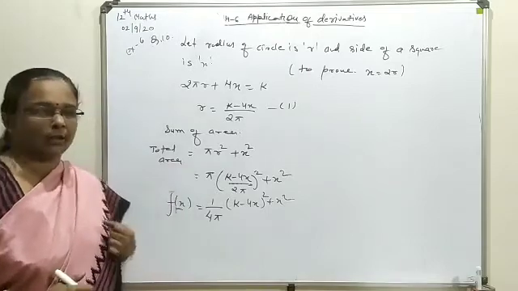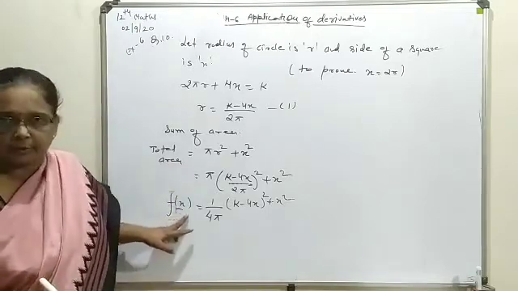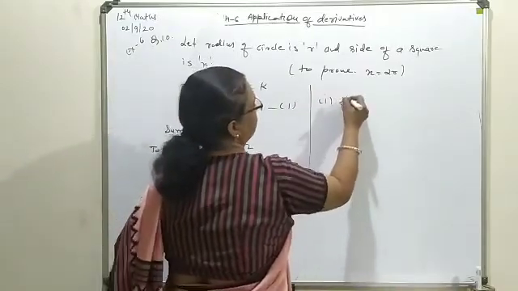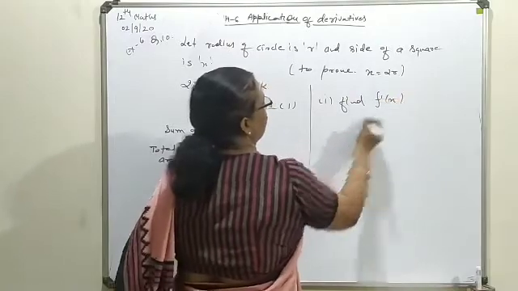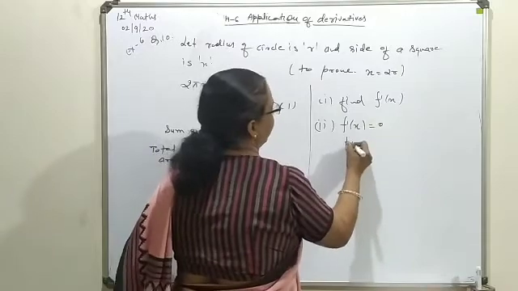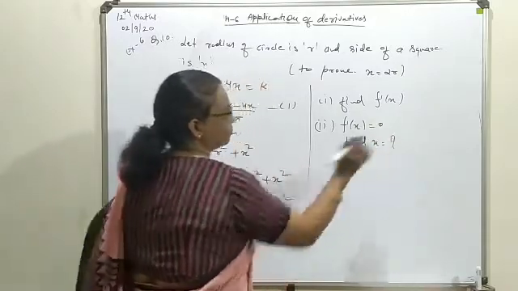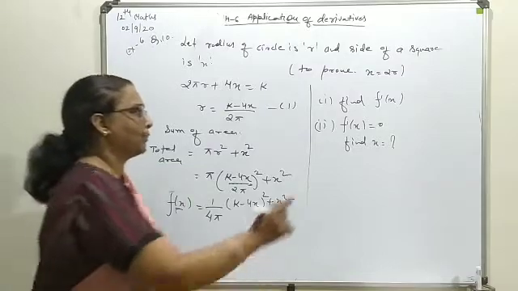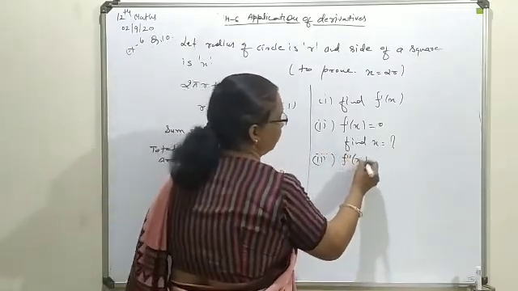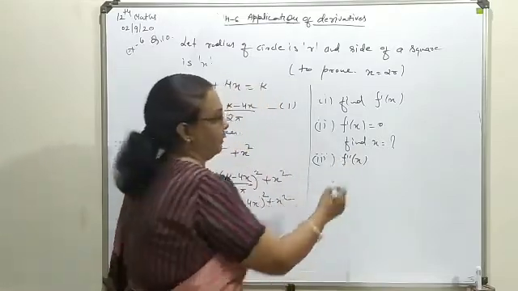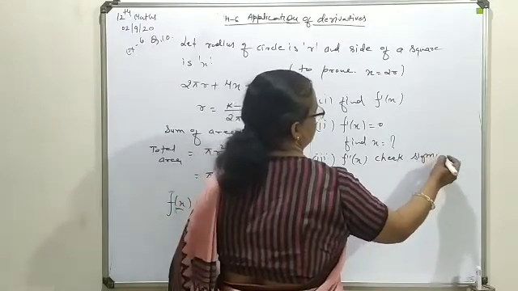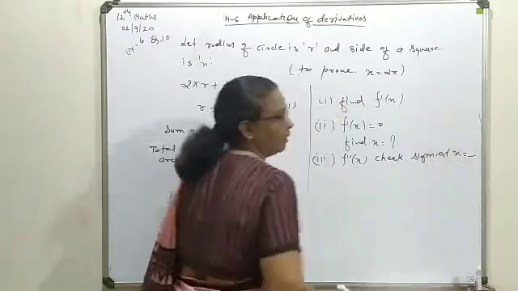Now what you work out is, find the first derivative. Your first step will be to find f dash x. Second, put f dash x equal to 0 and find x in terms of k. Third step is to find the second derivative and check its sign at the derived value of x.